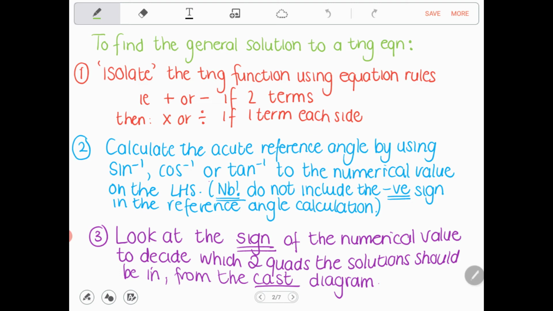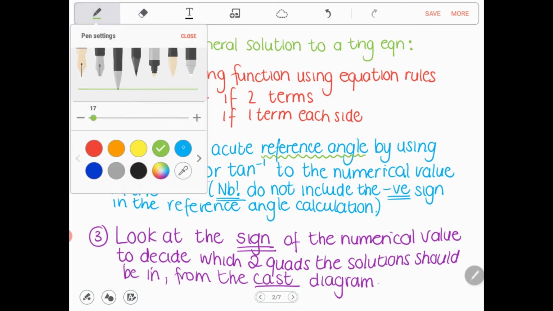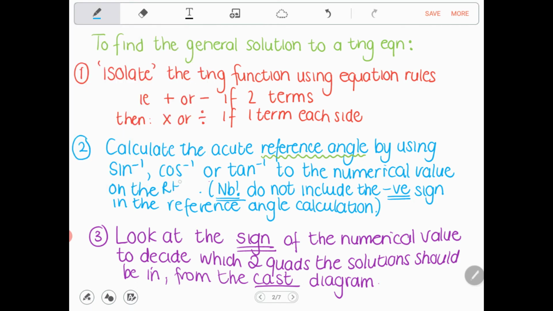We call this a reference angle this year, by using your arc sine, arc cos, or arc tan on the numerical value that should be on the right-hand side, because it's normally on the right-hand side. Don't include the negative sign. We're going to chat about that just now.